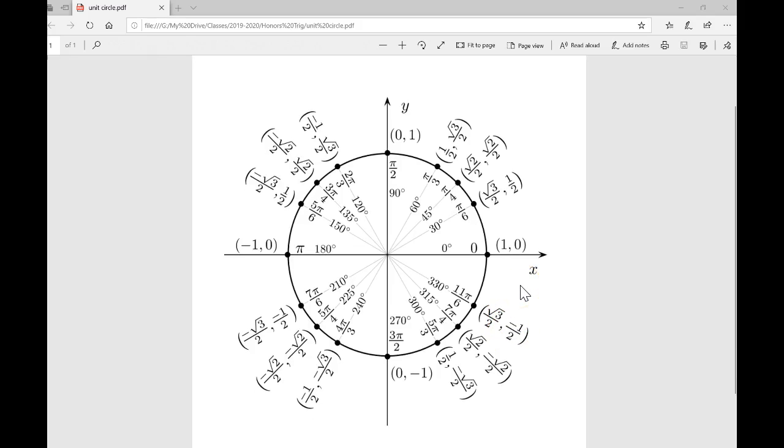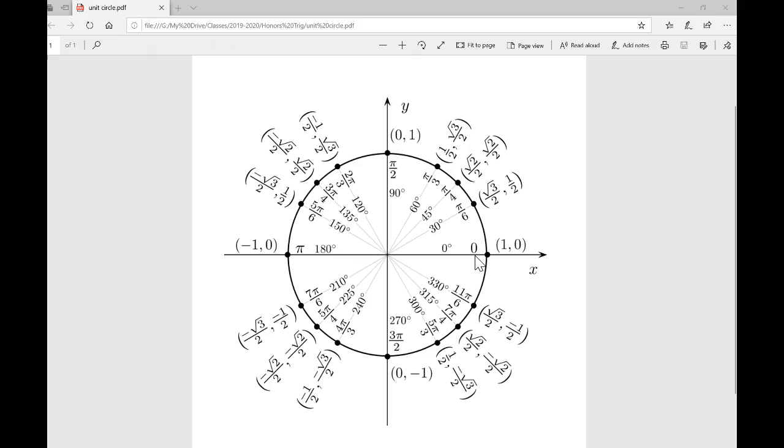So if I'm looking at the unit circle, remind me again which coordinate represents my value for sine, x or y? The y coordinate. Okay. So the values that I'm going to be interested in are 0, pi over 2, pi, 3 pi over 2, and then 2 pi.